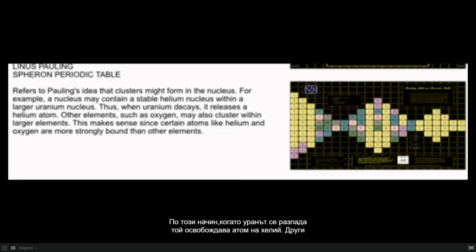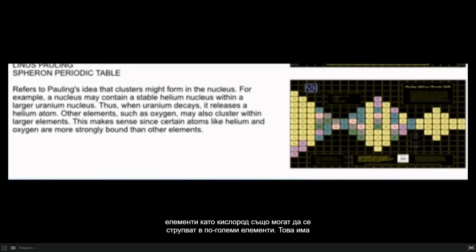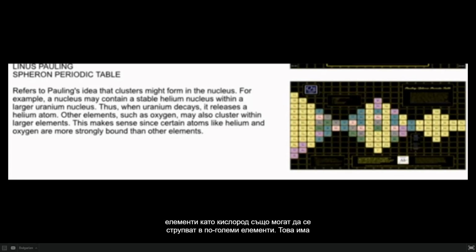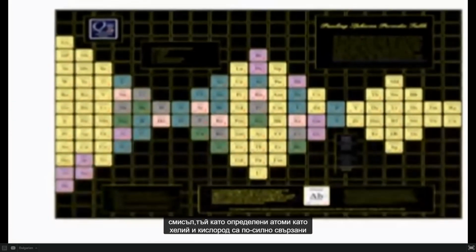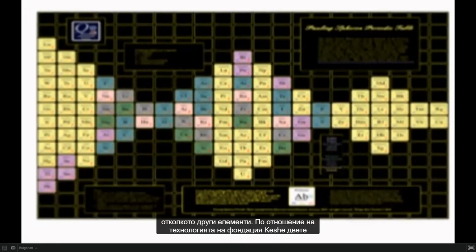Thus, when uranium decays, it releases a helium atom. Other elements, such as oxygen, may also cluster within larger elements. This makes sense since certain atoms like helium and oxygen are more strongly bound than other elements.